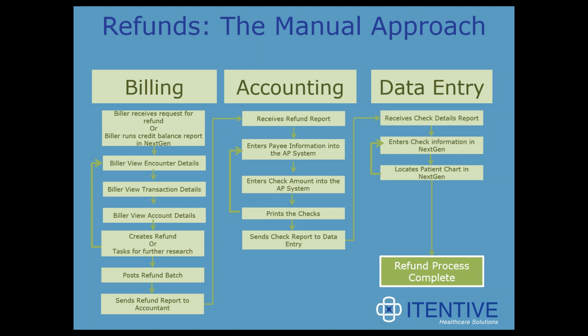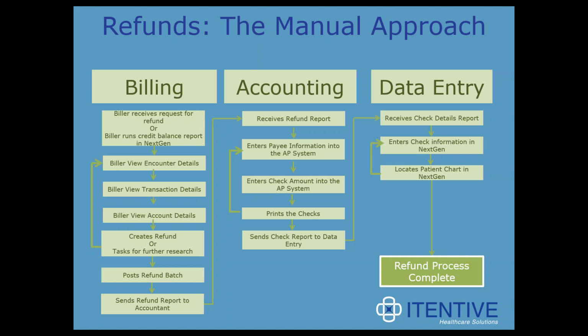So again, for each check that you're printing and issuing, you need to go through a series of steps to get that information into accounting. Once all the checks have been printed, some organizations enter that check information, as far as printed check number, check date, and check amount, back into NextGen. Some organizations do not do that, some organizations do.